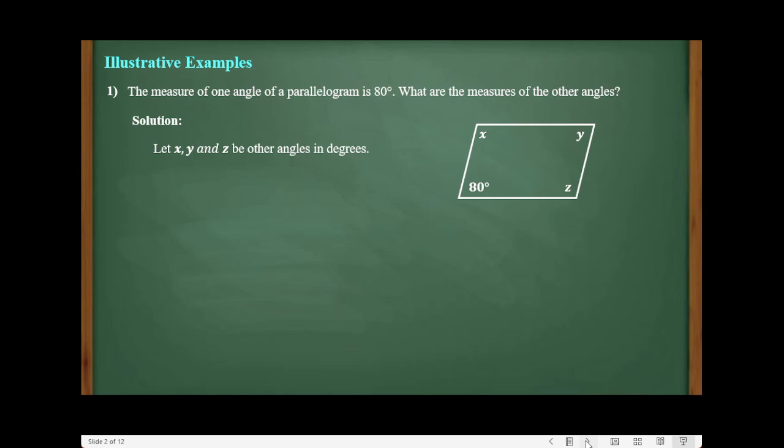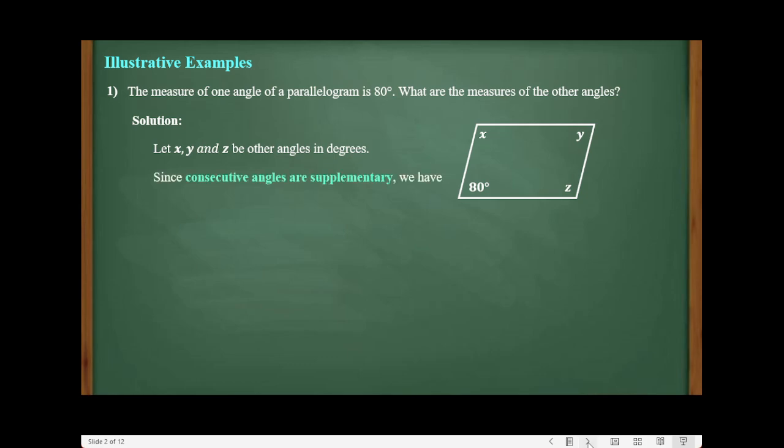Now the other three angles are unknown, so let us find the measure of each of these three. We assume that these unknown angles are denoted by small letters x, y, and z, and let us label these unknown symbols for the three unknown angles of this quadrilateral.